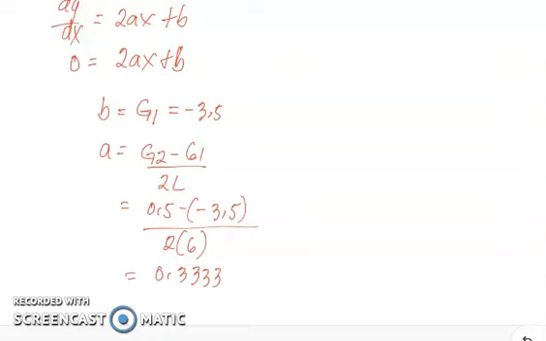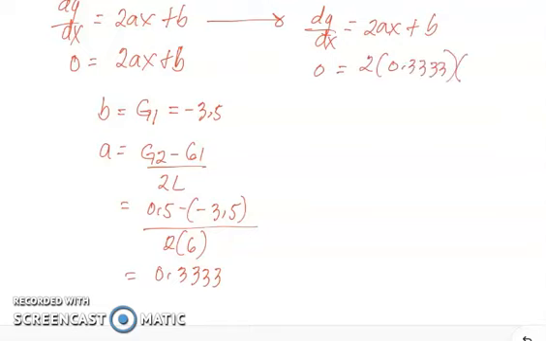If we substitute the value for a and b in our equation dy over dx is equal to 2ax plus b, this is 0 is equal to 2 times 0.333 times our unknown x plus b, which is negative 3.5.